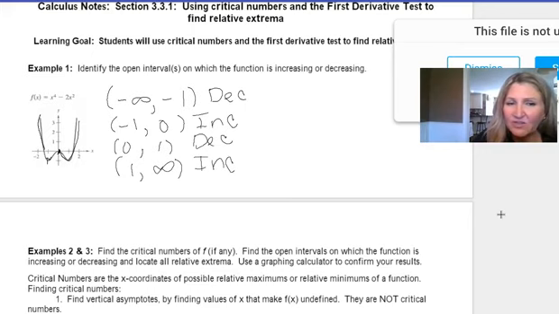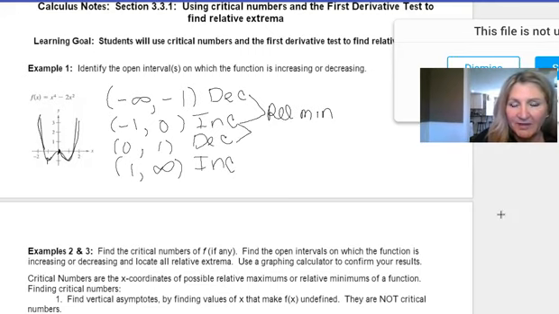And I can also see that when that function goes from decreasing to increasing, what do we get right there? We have a relative min, don't we? So whenever our function goes decrease to increase, we're going to have a relative min. Then our function went from increase to decrease.